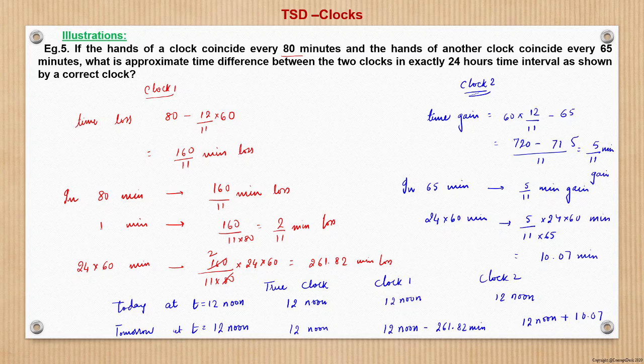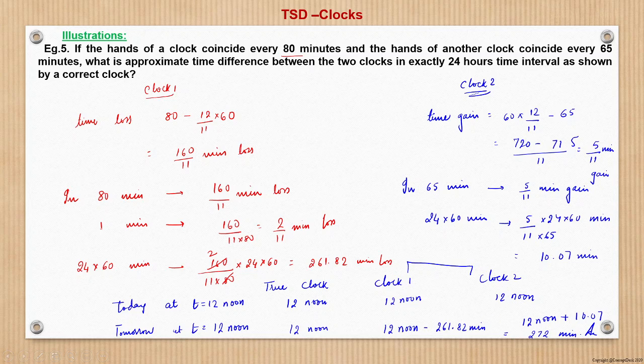So what is the difference between the time shown by clock 1 and clock 2? The 12 noon will get cancelled out. So the difference will be 261.82 plus 10, nearly 272 minutes. And this is the answer to this question, 272 minutes, the difference of the two, right?